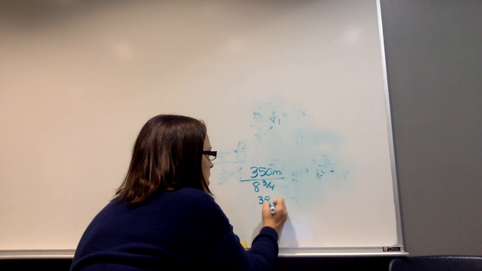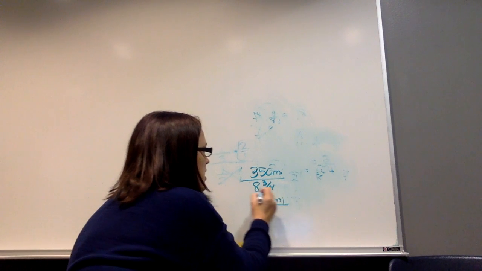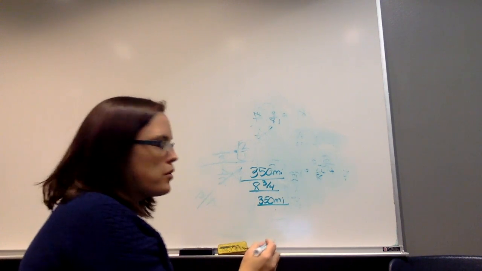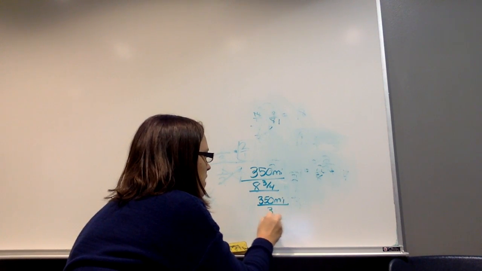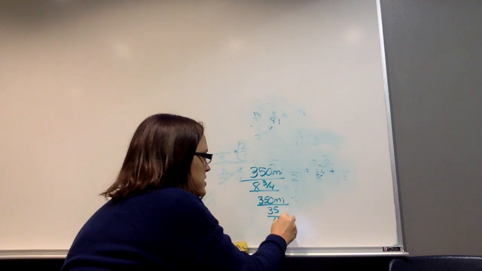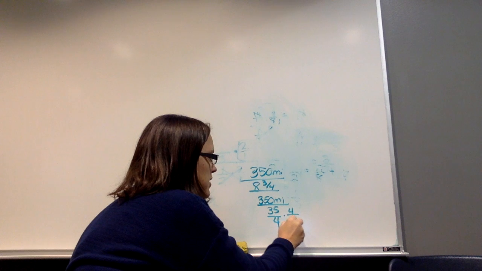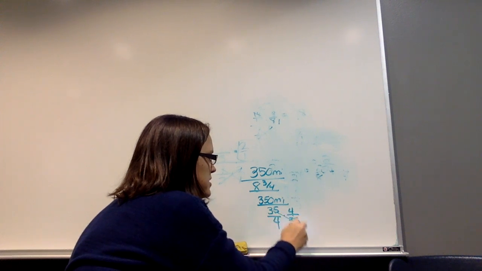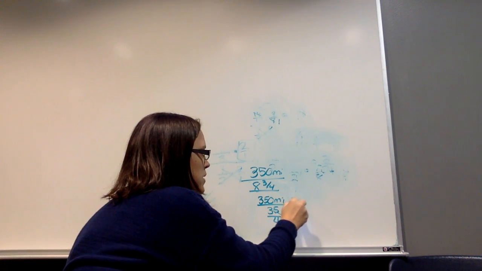So 350 miles, I'm going to change 8 3/4 to an improper fraction, which is 35/4, and then I'm going to multiply by the reciprocal, or the multiplicative inverse, which is 4/35.